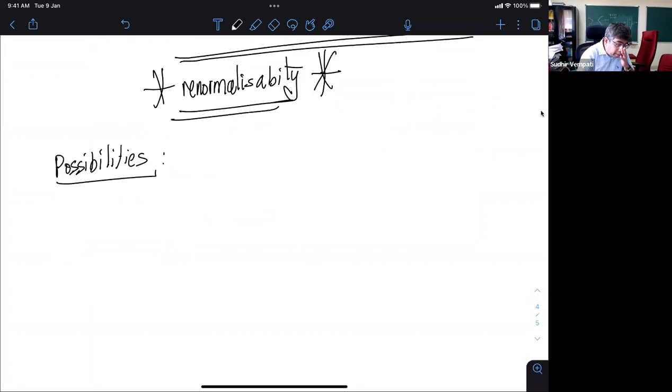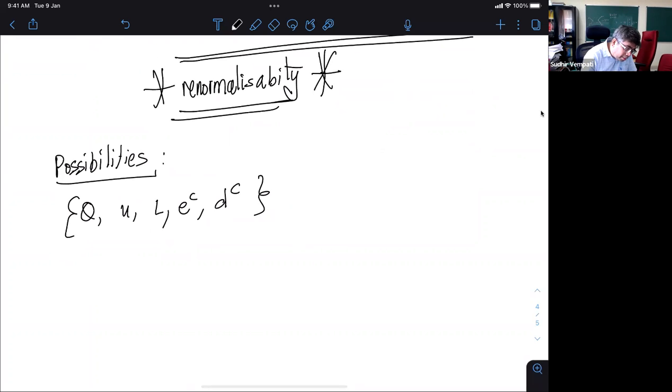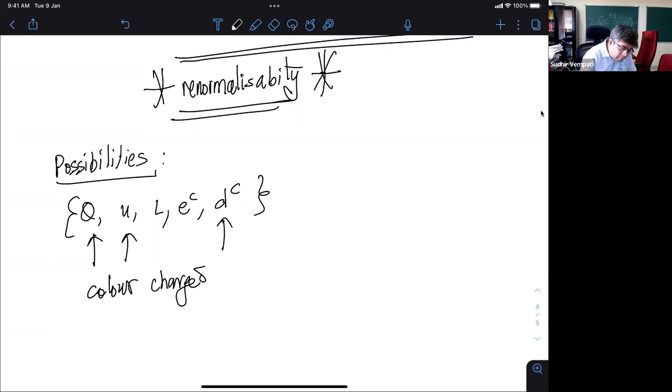So, for example, the squarks, all the matter fields Q, U, L, E, C, DC, they all have, for example, color charges. So if you give a vacuum expectation value, you're breaking QCD, which you don't want.